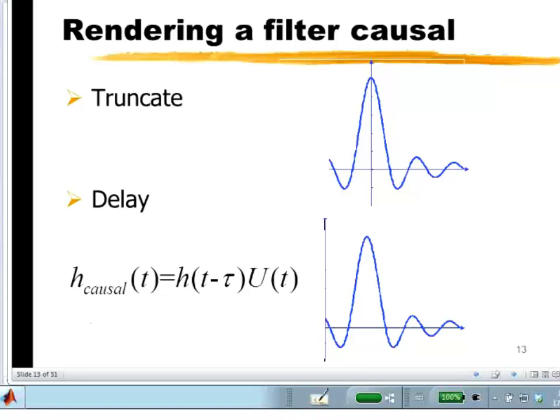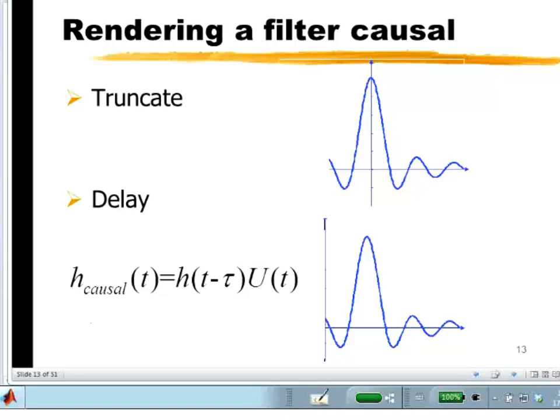And in order to render the filter causal so that we can actually build it in the lab, we first truncate the impulse response so that it is no longer infinite. And then we have to introduce a delay. There's a trade-off between how sharp the cutoff is in the low-pass filter in the frequency domain, depending on how much we truncate it.